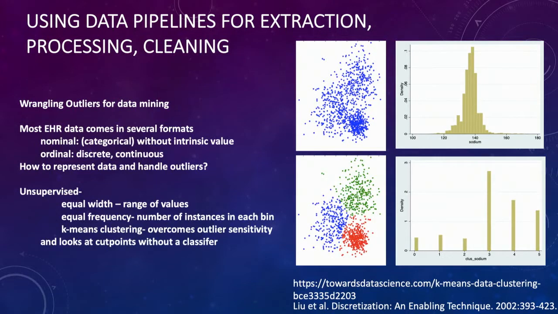An interesting, and still fairly intuitive way is to take my sodium values and do k-means clustering, where you're looking at this data field and trying to minimize differences between specific values within clusters, and then maximize distances between clusters. You just specify the number of clusters you want.